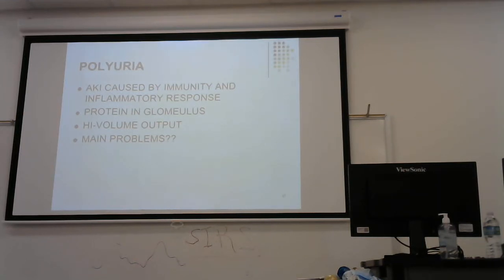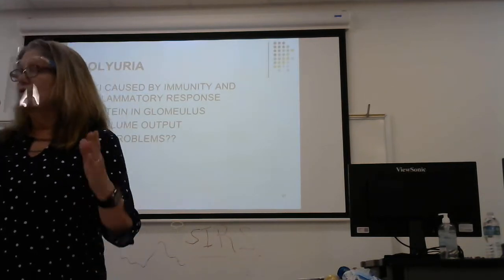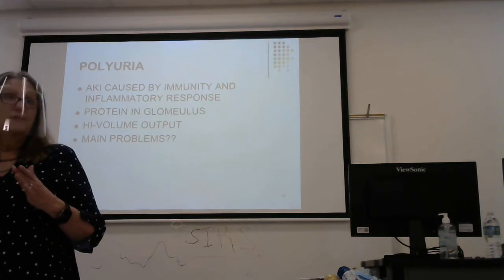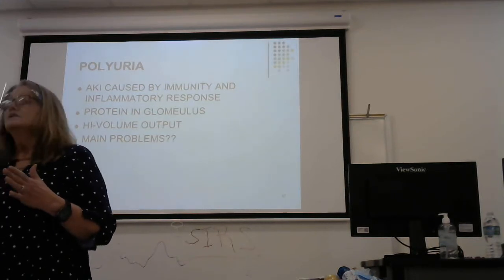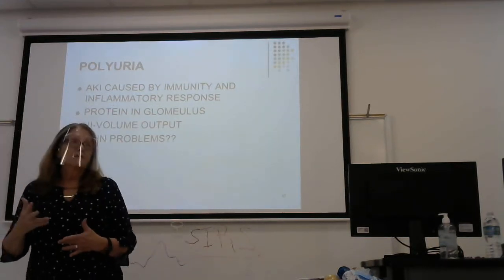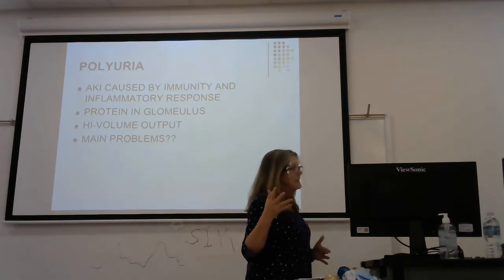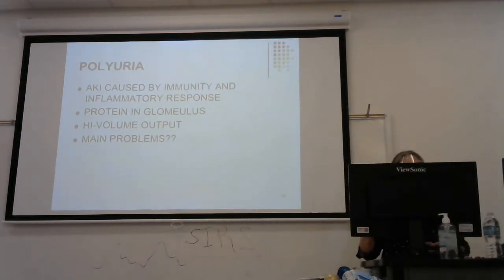So we're going to fluid resuscitate and watch those electrolytes very closely. That's the main problem, fluid and electrolytes. They're now going to probably be dehydrated, so we're going to carefully give them fluids back and keep trending that output so that we don't overload them. Okay?